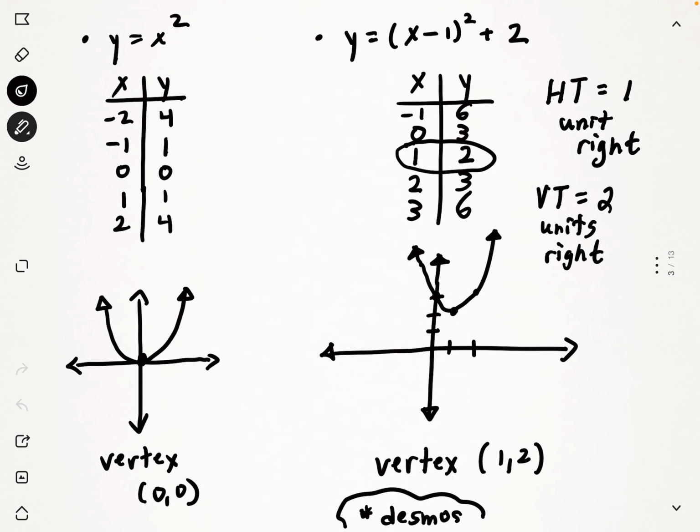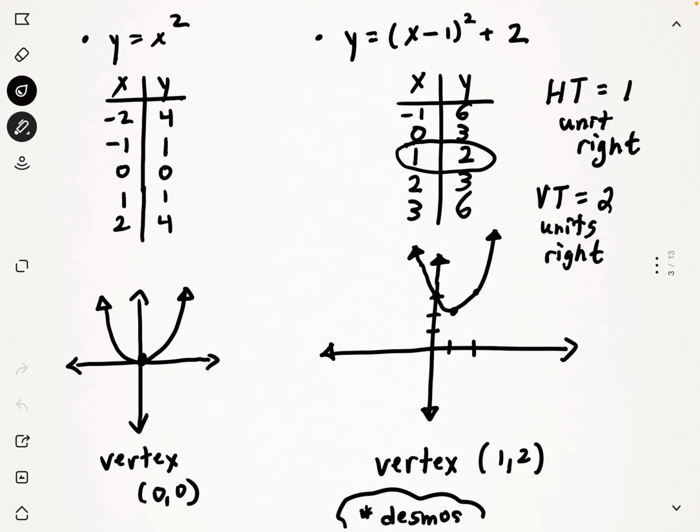Just to expand on that, if you look at the equations on top there, y equals x squared, the basic parabola, and then the new equation on the right, I think you've already learned how to identify the vertex of a parabola in grade 11 foundations. You would take the opposite of what comes after the x, so the x minus 1, that is a positive 1, and then you keep the y coordinate at the end, the positive 2, so the vertex is going to be positive 1, positive 2, and you've done that before.